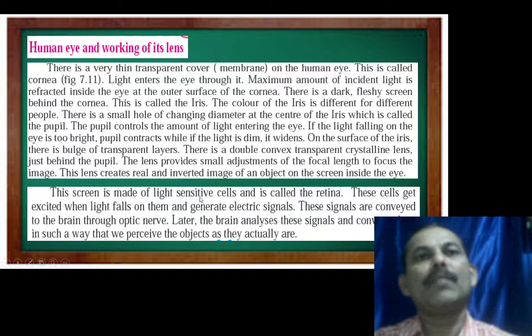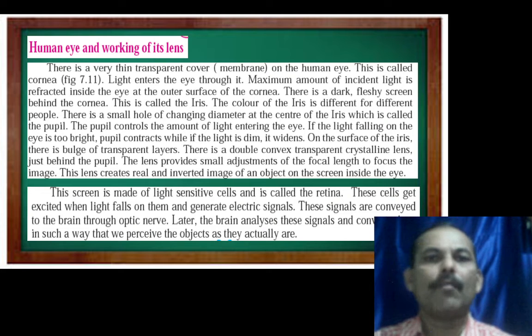These cells get excited when light falls on them and generate electrical signals, and these signals are conveyed to the brain through the optic nerve. Later the brain analyzes these signals and converts them in such a way that we perceive the object as it actually is. So like this the human eye works.